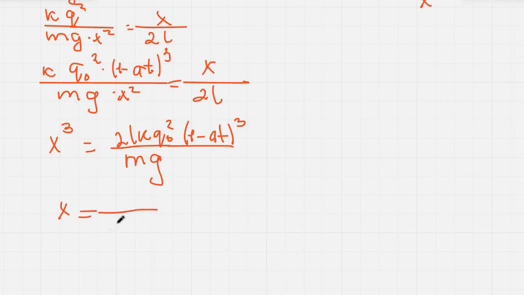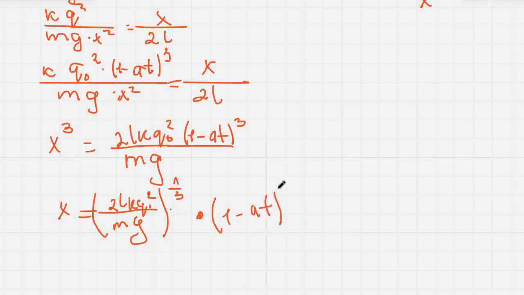It will be 2L k Q0 squared over mg to the power of 1 over 3, multiplied by (1 minus a t).